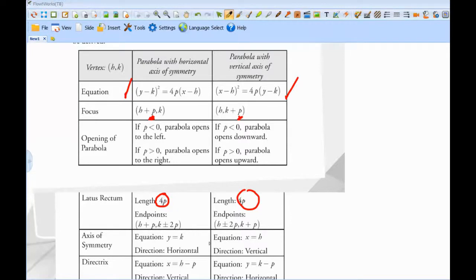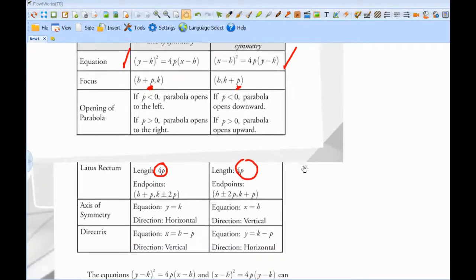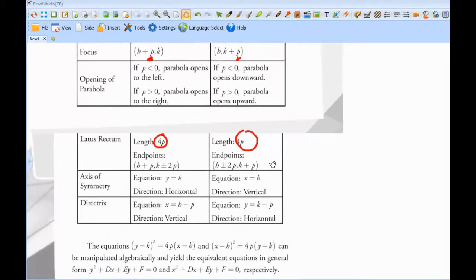Before it was only h, right? Now we have h plus p, k plus or minus 2p. Remember this? Axis of symmetry, y equals k, and direction is horizontal; x equals h, direction is vertical. Okay? And we also have the directrix formula.